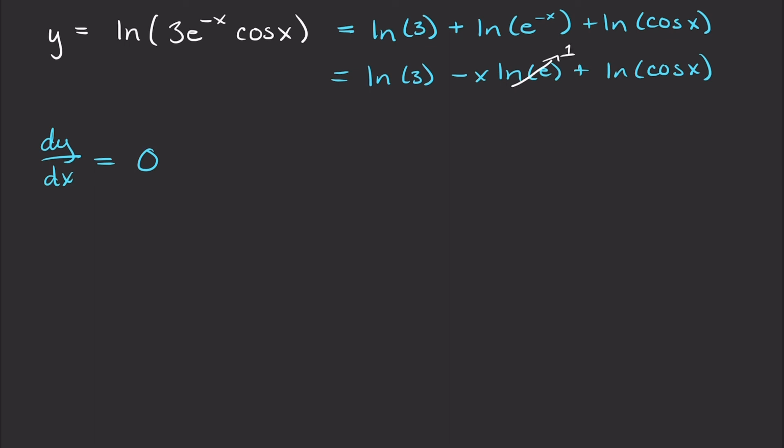So it's really just the derivative of minus x, which is minus 1, plus the derivative of natural log of cosine, which is 1 over cosine, times its derivative, which is minus sine. So if we bring all that together, we have minus signs for both of these, and then 1 plus sine over cosine is tangent of x. So that's what we get.